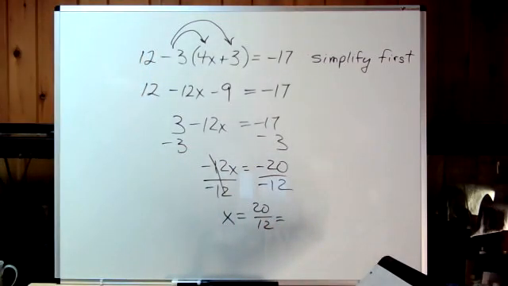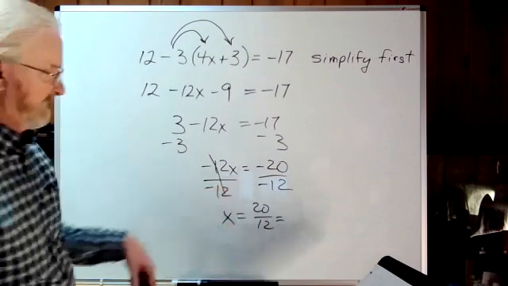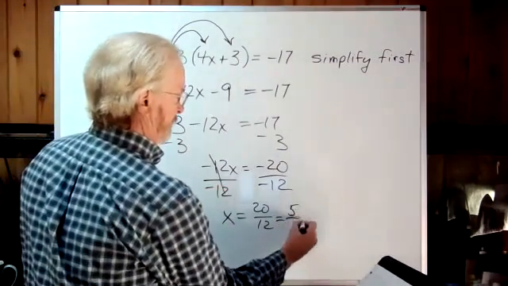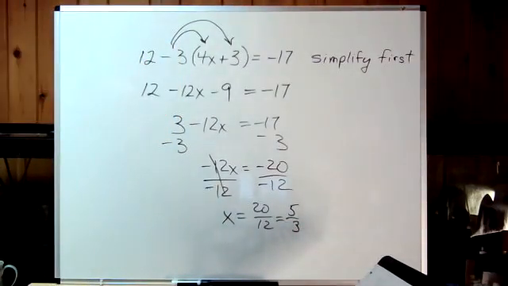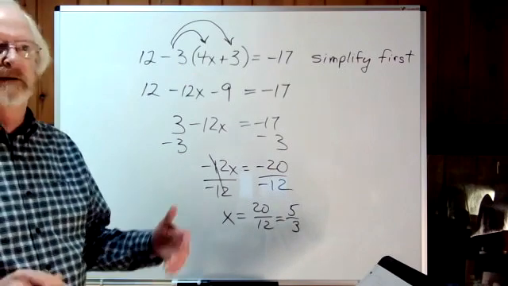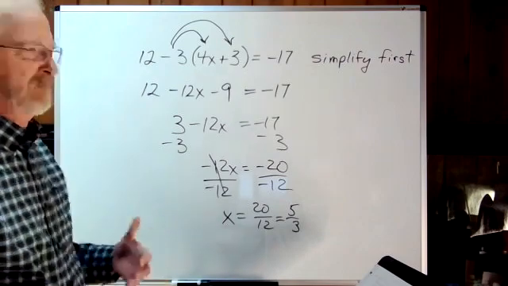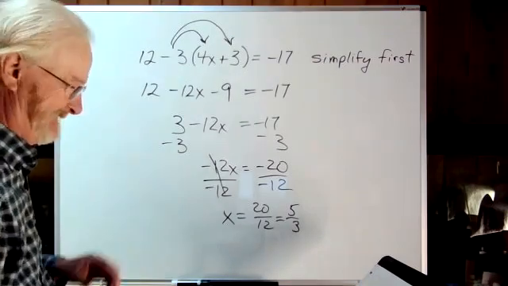I could cut it in half and get 10 over 6, and cut it in half again and get 5 over 3. Or notice I can divide them both by 4 and get 5 over 3. 5/3, a fraction answer. No reason it can't happen, although we do tend to present you with problems with integer answers. We sort of feel more confident about the answers like that when we get them.